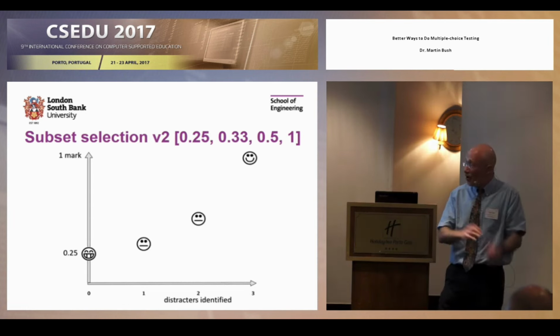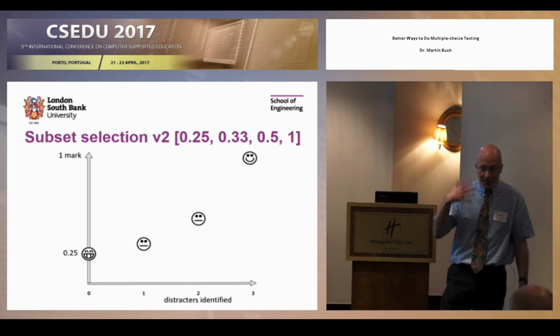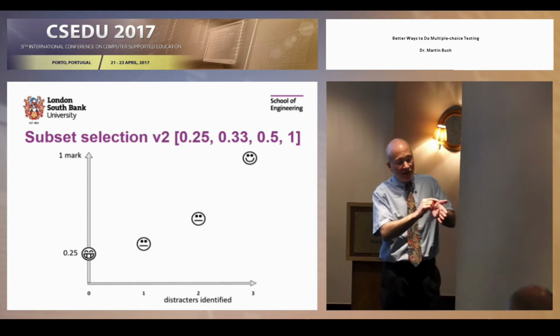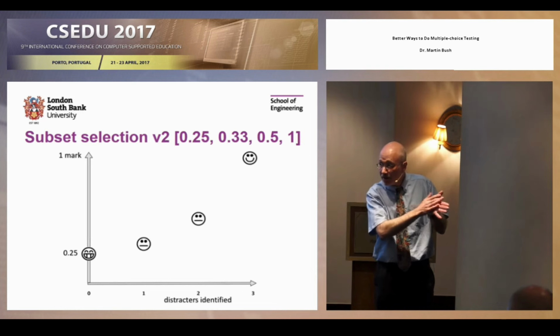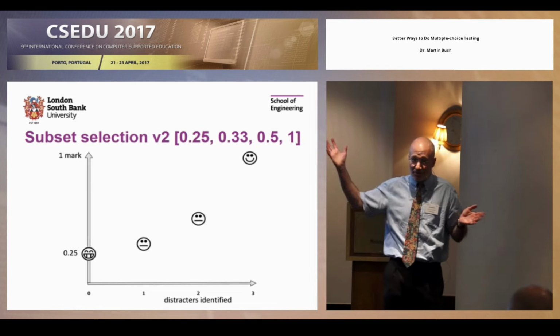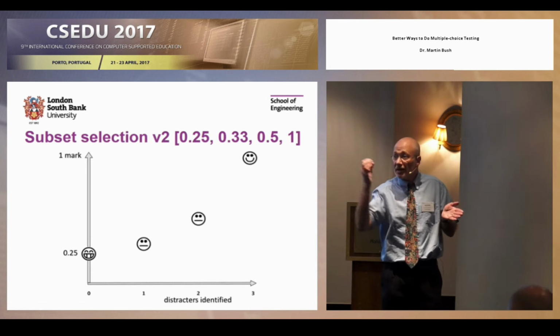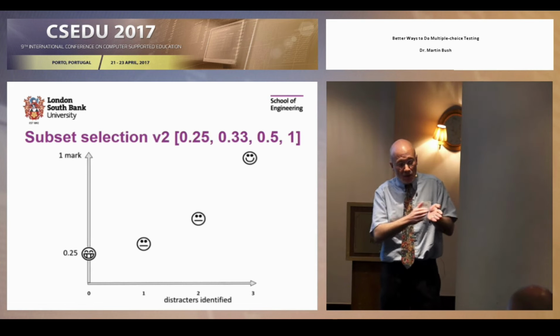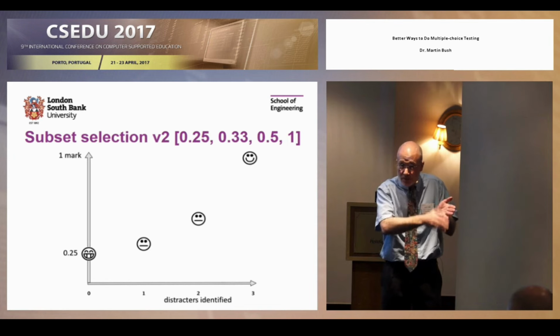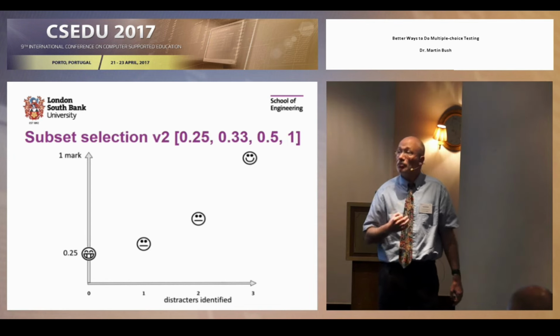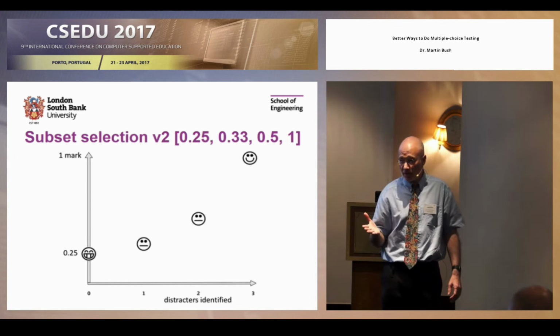The harder one to get people to understand is if the student has no idea, like spiders, a student doesn't know what a spider is, never seen a spider before. So rather than making a blind guess, we say, leave it blank, don't answer at all, and the system will give you 0.25 of a mark.